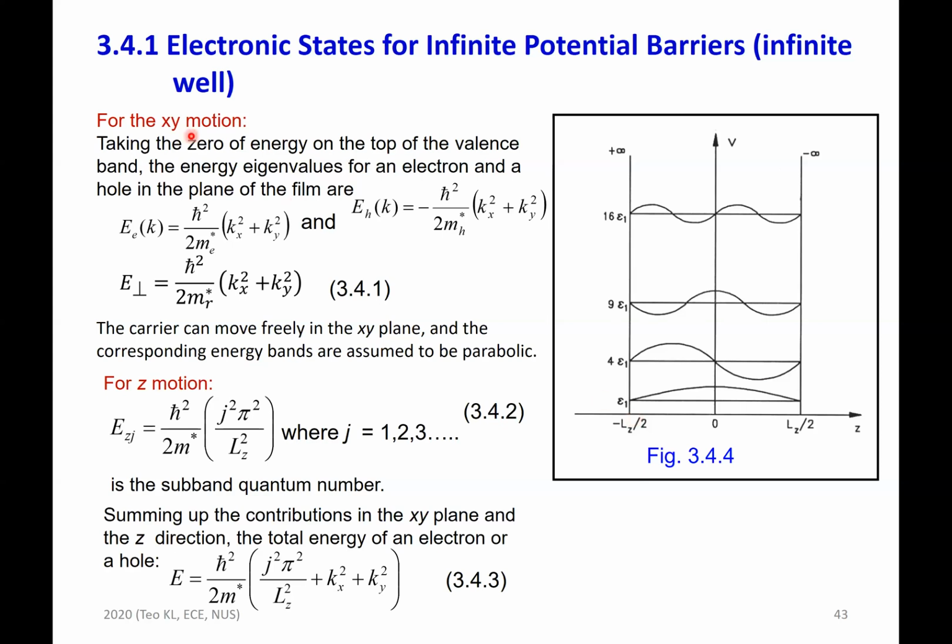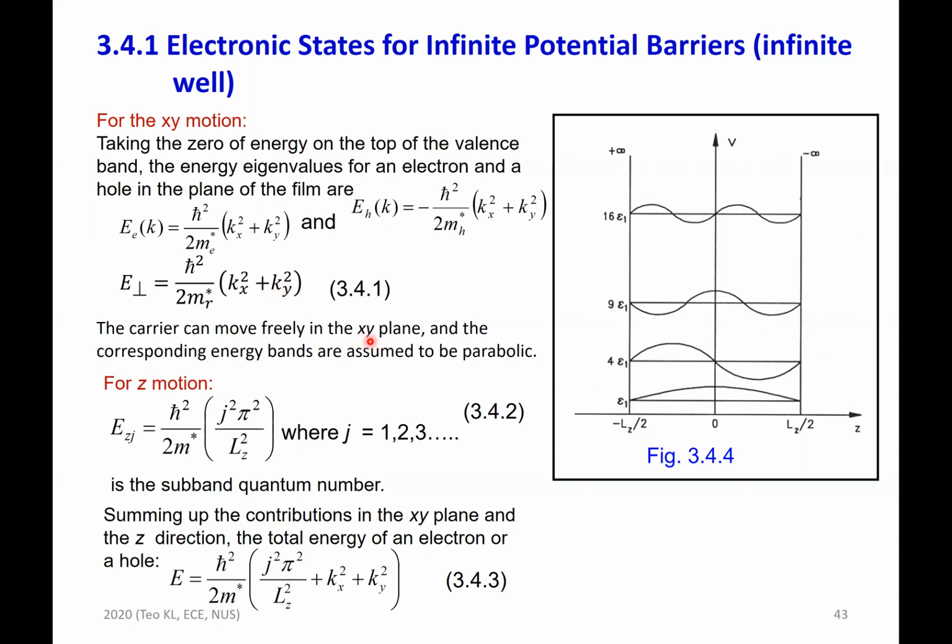So again, for the xy motion, which is free to move, your electron energy in the conduction band is h bar squared over 2 me star, the electron effective mass, times kx squared plus ky squared. For the hole, the same thing. So you can write it as E perpendicular, which is in the xy plane. Then you can combine the electron energy plus the hole energy to become the reduced mass times kx squared plus ky squared.